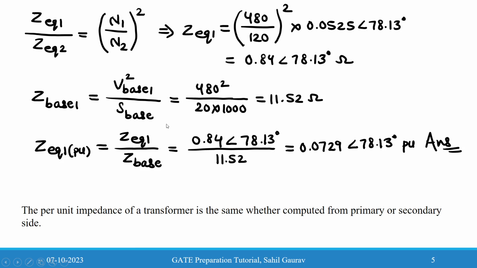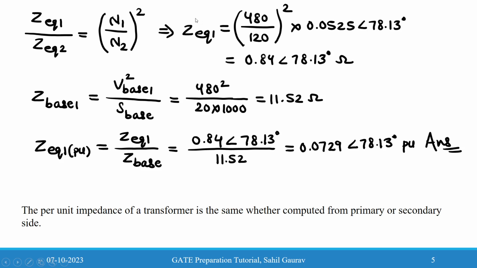So we know that the impedance referred to the primary side, from the impedance referred to the secondary side, is equal to (n1 divided by n2) whole square. So you can find the equivalent leakage impedance referred to winding 1 using this expression, and you will get 0.84 at the angle of 78.13 degree ohm.